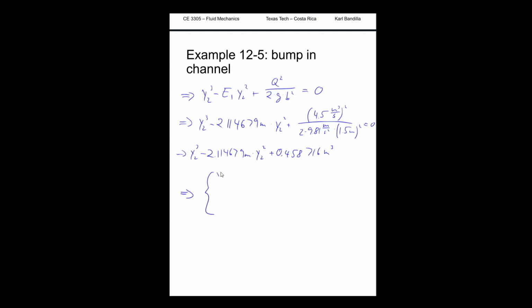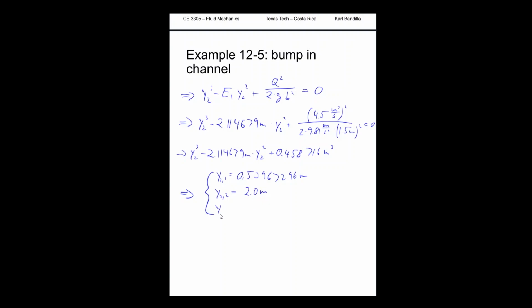We can say y2 one is equal to 0.53967296 meters. y2 two is equal to 2 meters.